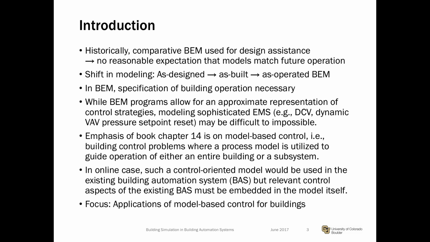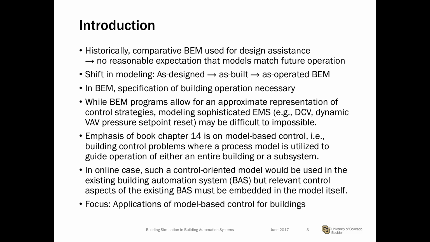Chapter 14 in the book is on the role of building automation, and it's on model-based control, which are problems in which a process model is harnessed to guide operation either of a part of a building or the entire building. It's interesting to note that such a control-oriented model would be used in the building's automation system.